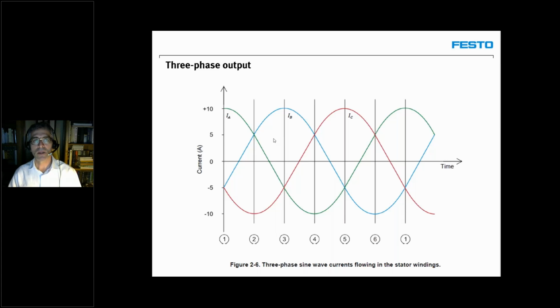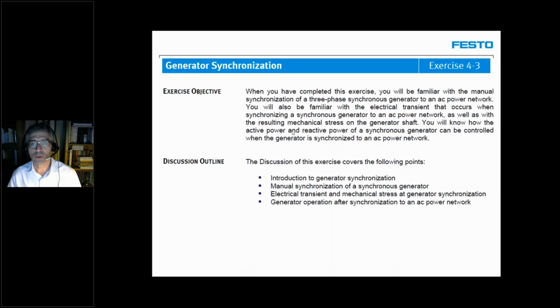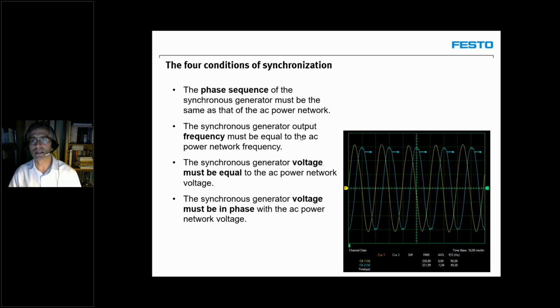So of course, the first thing you have to make sure is to have the same phase sequence. How can the phase sequence be reversed? Well, simply by changing the direction of rotation of your generator. So if a generator spinning clockwise produces ABC, if you spin it counterclockwise, it will produce the reverse sequence. So we first have to make sure that we produce the same phase sequence as the grid.